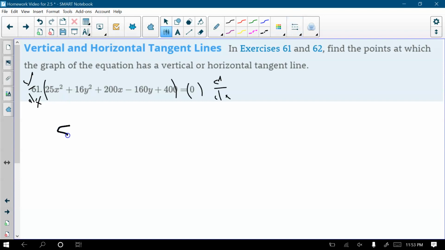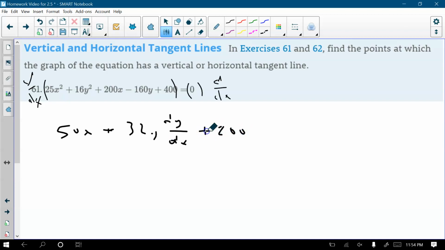So I get 50x plus 16y squared will be 32y dy dx. What is going on? Plus 200.